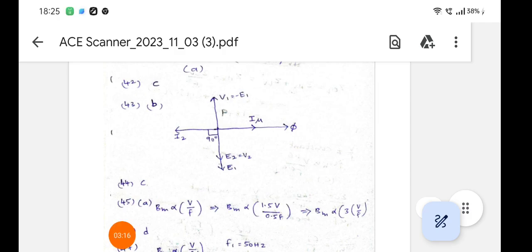Now for that purpose you need to draw the phasor diagram. This is V1. Next, I mu is the magnetizing component of current which is required to produce the working flux in the transformer core. Now in this phasor diagram, current I2 lags E2 by 90 degrees. But when we take reference from V1 to I2, I2 leads V1 by 90 degrees.